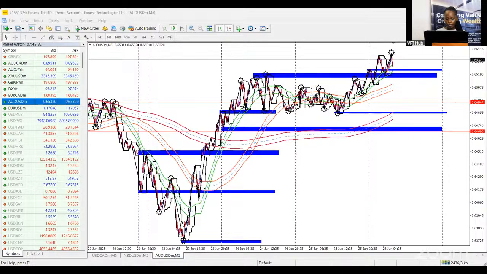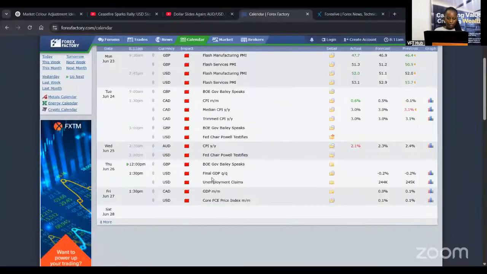So Forex Factory, today is the 26th. What do we have coming out? Because we're looking at commodity currencies, our interest will be on the dollar and any news release we see on commodity currencies. So we have final GDP Q&Q coming out by 1:30 and unemployment claims on the dollar coming out. So watch out for this. If you need the translation of what this means, go on Forex Live.